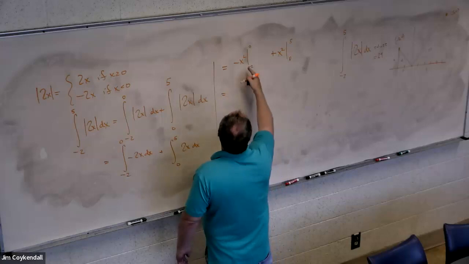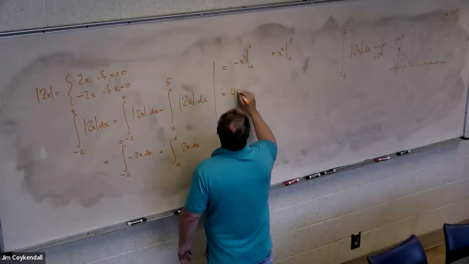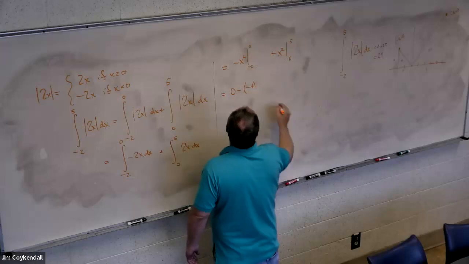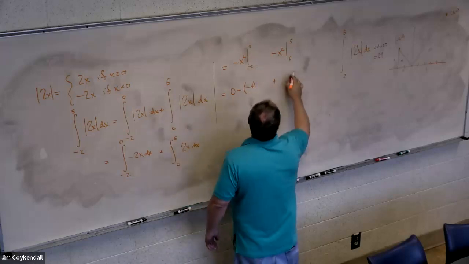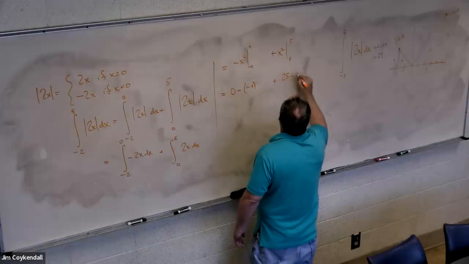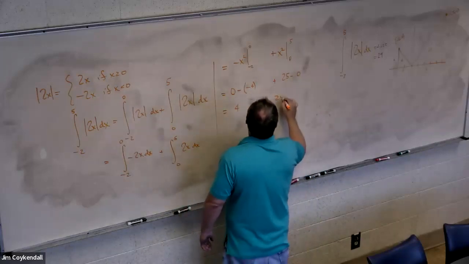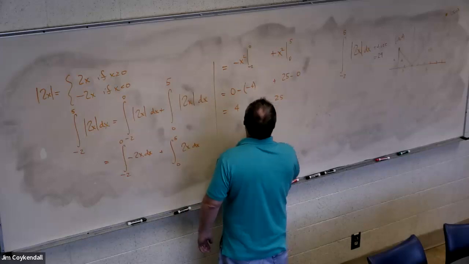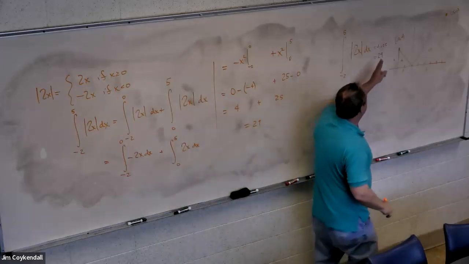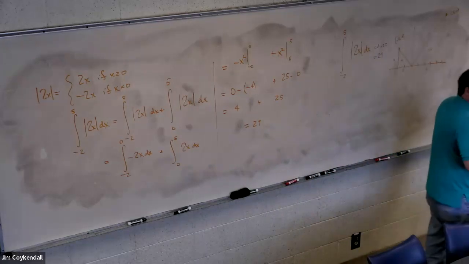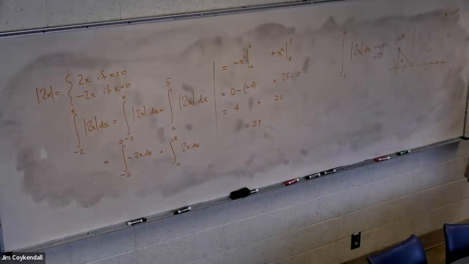This comes out to be 0 minus negative 4, and the other piece comes out to be 25 minus 0. So I get 4 plus 25. Notice how the pieces came out exactly. Makes sense?